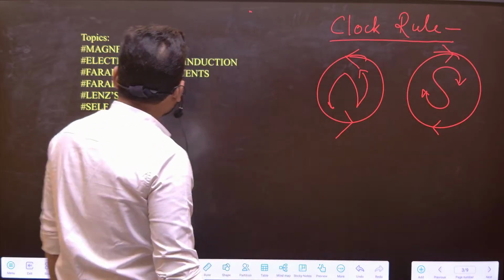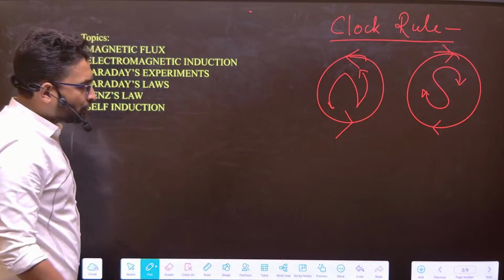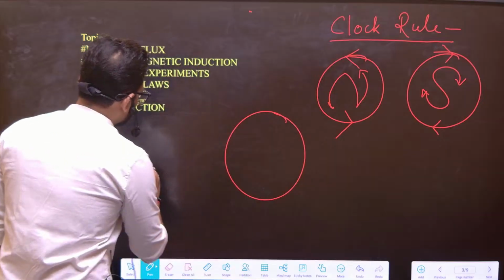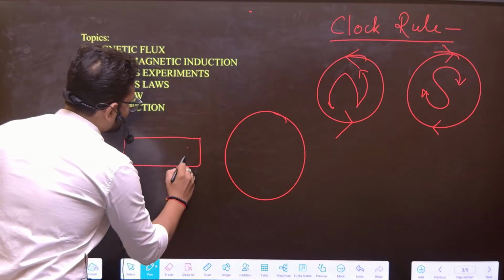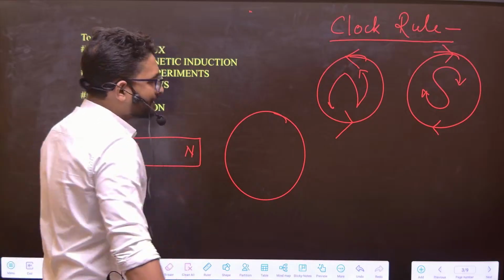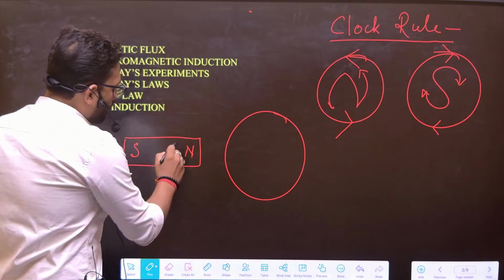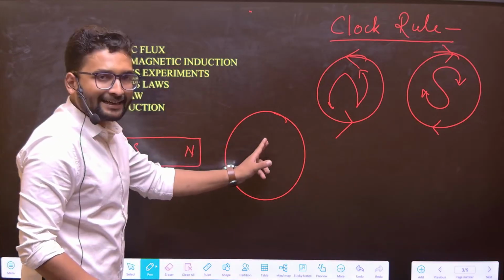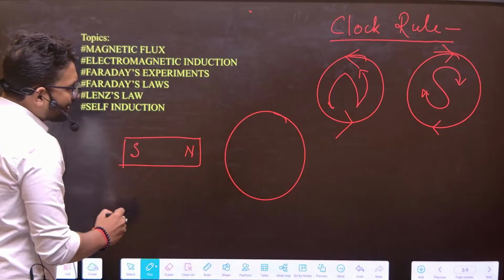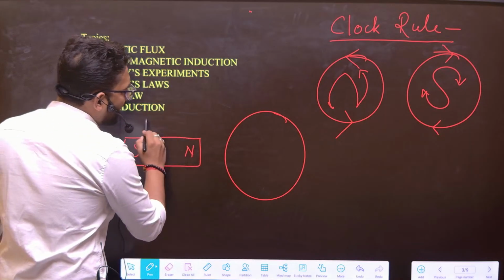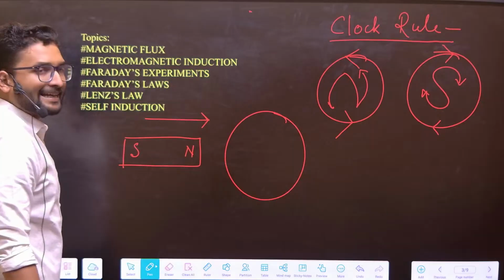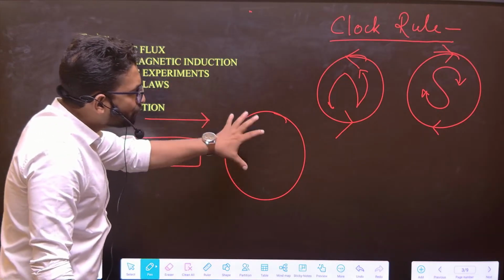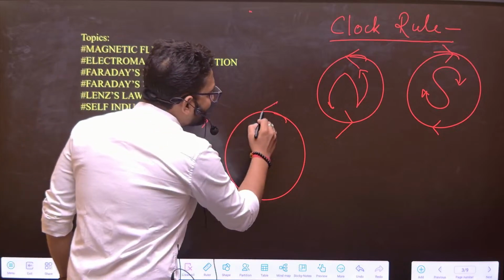Now, understanding that, we are good to go with Lenz's law. In Lenz's law, what do we do? We take a coil and we take a magnet. This is the north pole, this is the south pole. Remember, in Faraday's experiments, when the magnet was moved, electric current was induced. You will notice that when the north pole of the magnet is taken closer to the coil, the direction of induced current here is anti-clockwise.